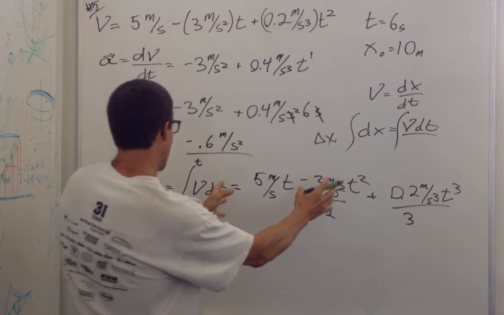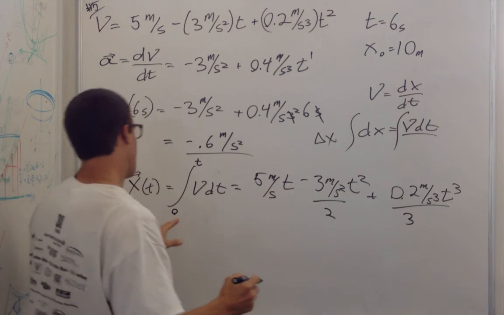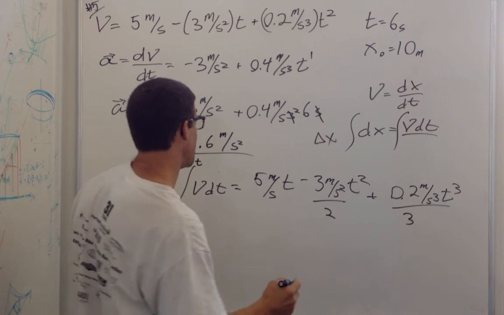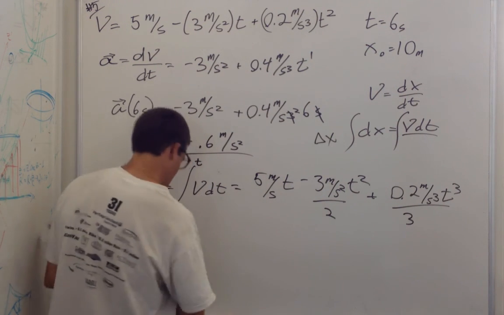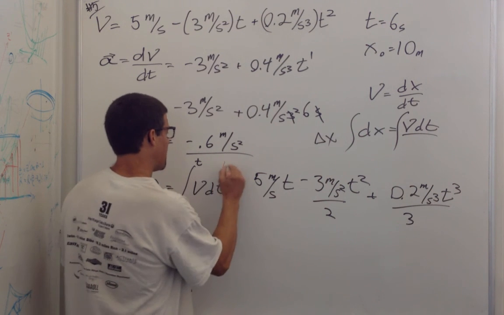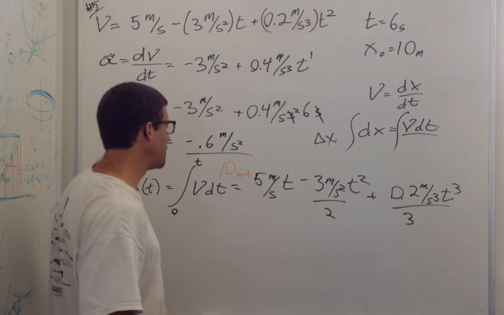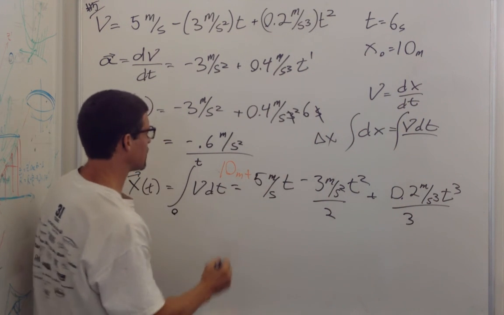And so we can evaluate that, but recognize that we begin at time t equals 0 at 10 meters. So I can go back here and add that 10 meters. And so when we substitute in for 6 seconds, what do we get?